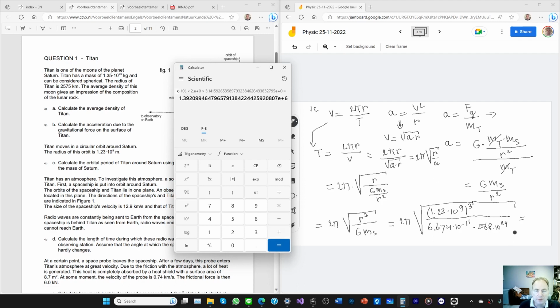So this is 1.39 times 10 to the power 6. Then the units should be seconds.